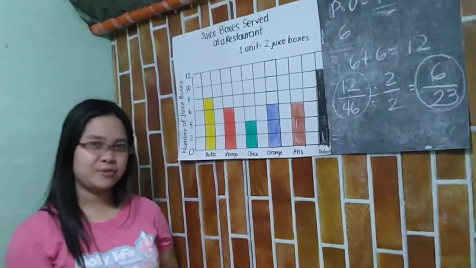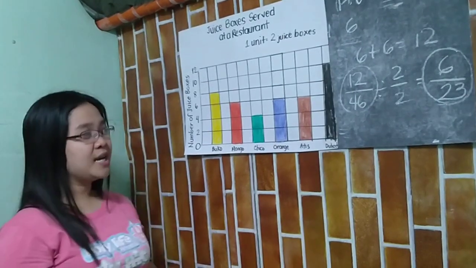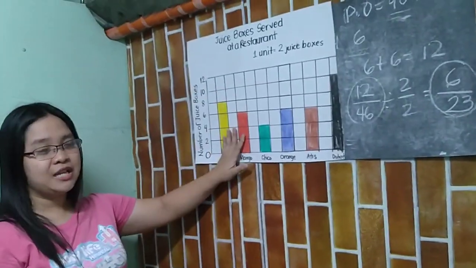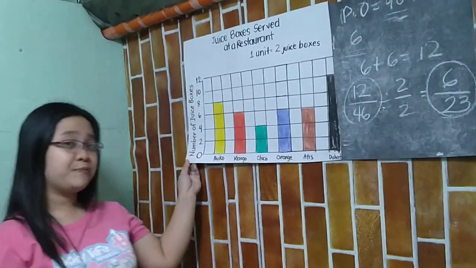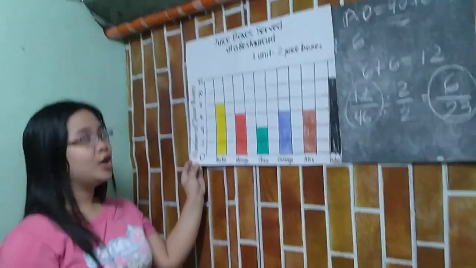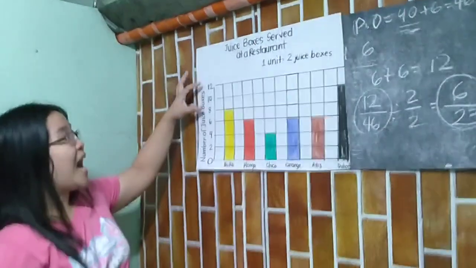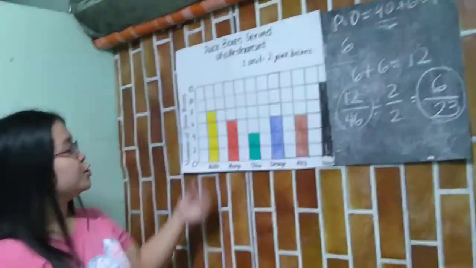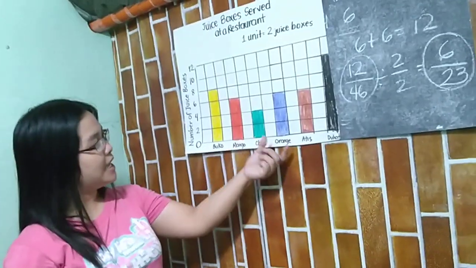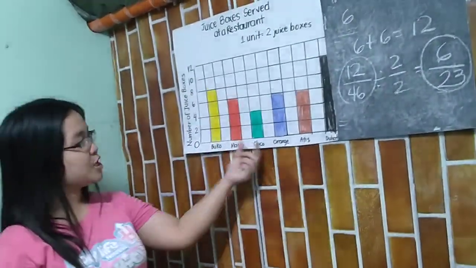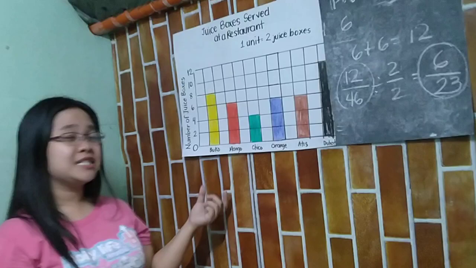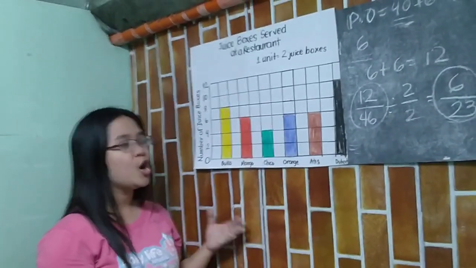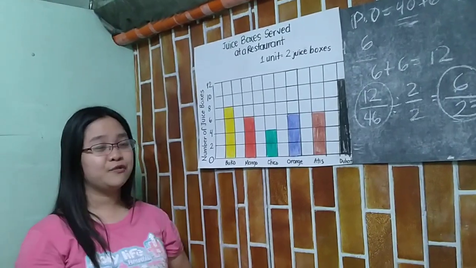Okay? So again, in understanding the probability of the given information represented by the graph, all you have to do is add everything to get your possible outcome. You have to identify the data or the scale for each category to get the respective favorable outcome, and to get its probability, all you have to do is follow the formula.